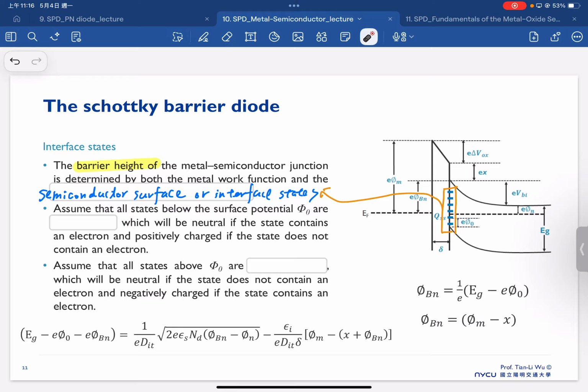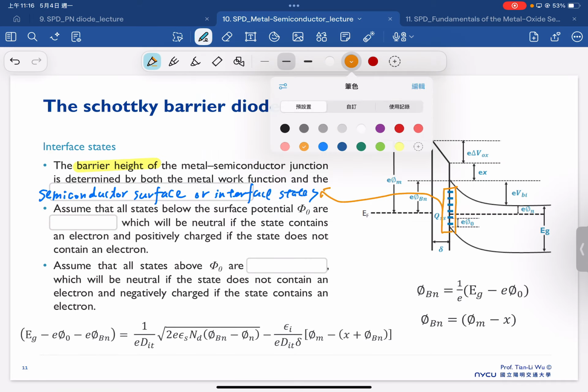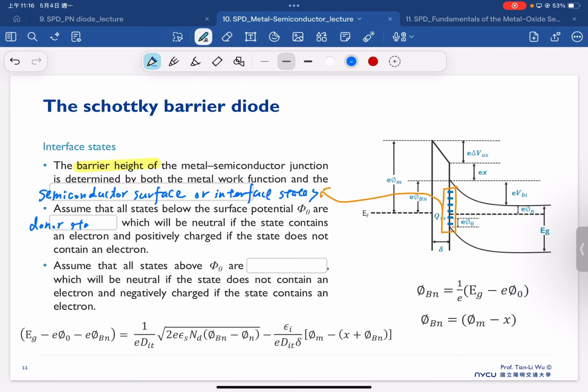So assume that all states below the surface potential phi 0 are donor states. The donor state, by definition, is neutral if the state contains an electron, and a positive charge if the state does not contain an electron.